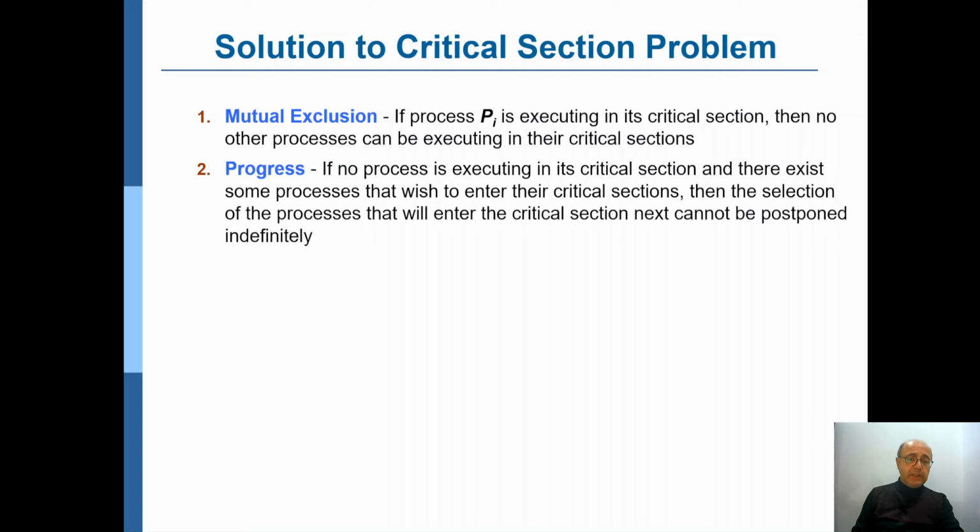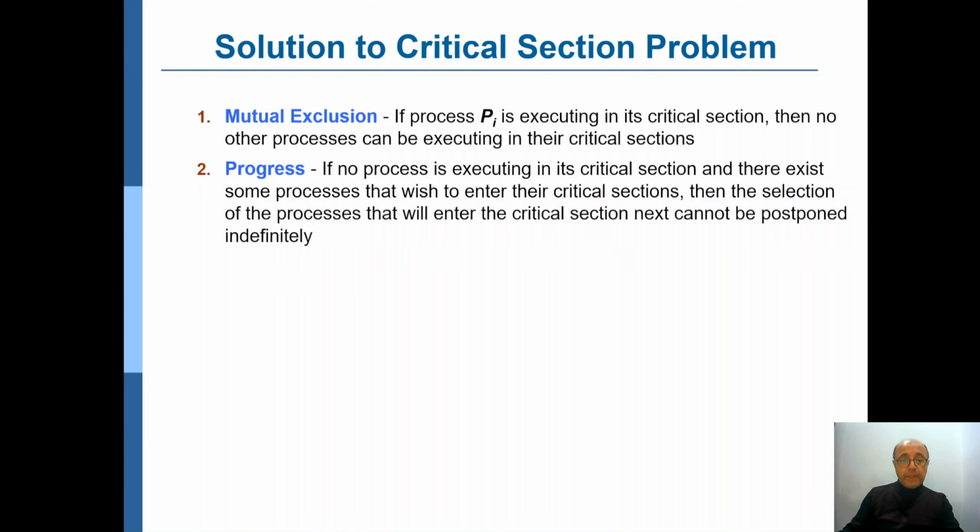The second requirement is the progress requirement. If a process is in its critical section, and there are some processes that want to go into their own critical sections, the selection of those other processes that want to go into their critical sections cannot be postponed indefinitely.